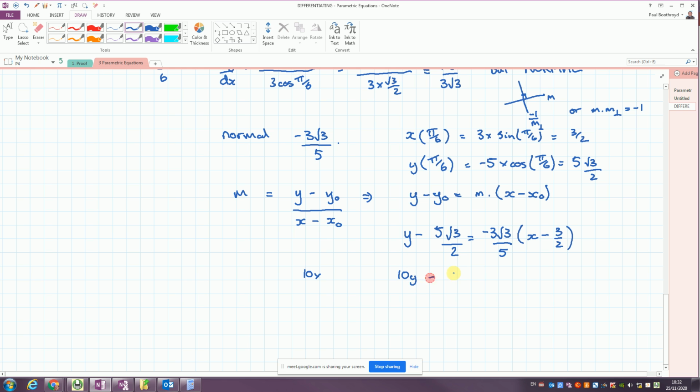So it's 10y minus 25 root 3 is equal to minus 6 root 3. That's by multiplying by 5, and I'm going to multiply this by 2. 2x minus 3. And bring the values around and combine them.